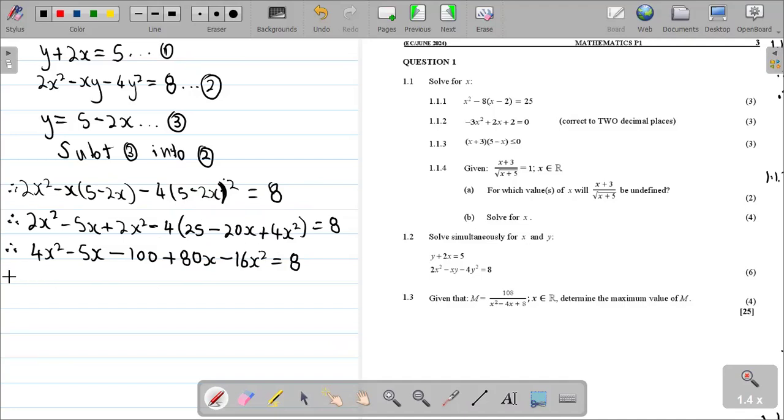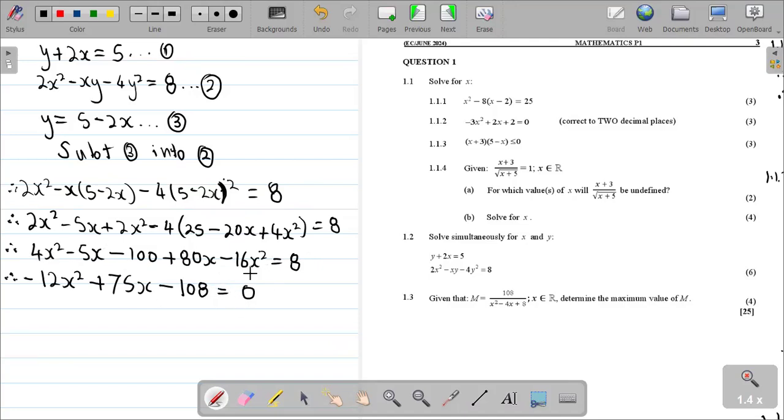So it means, therefore, when we add the 2, it's going to be negative 12x squared, then negative 5x is going to be plus 75x, and then if we minus 8, it's going to be minus 108. Okay, and then equals 0.